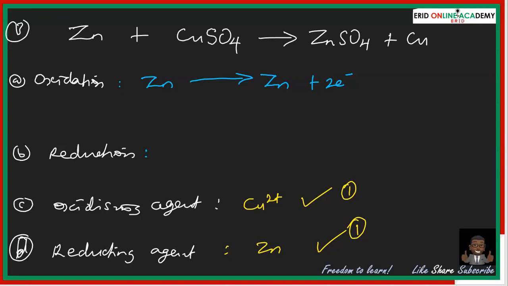The reduction reaction is Cu2 plus plus 2e to make Cu. The spectator ion is SO4.